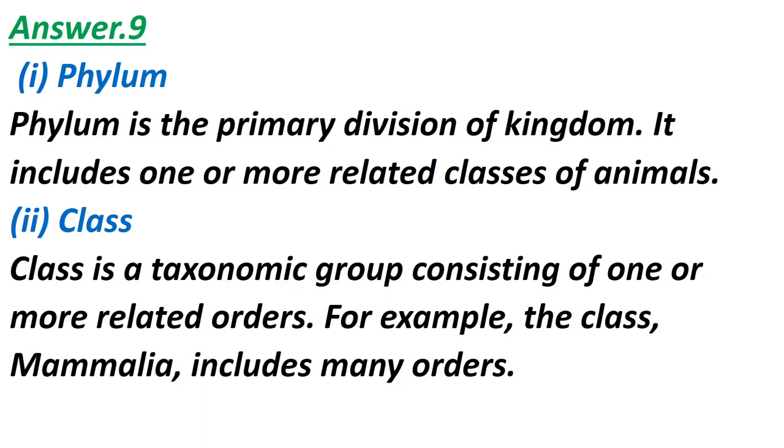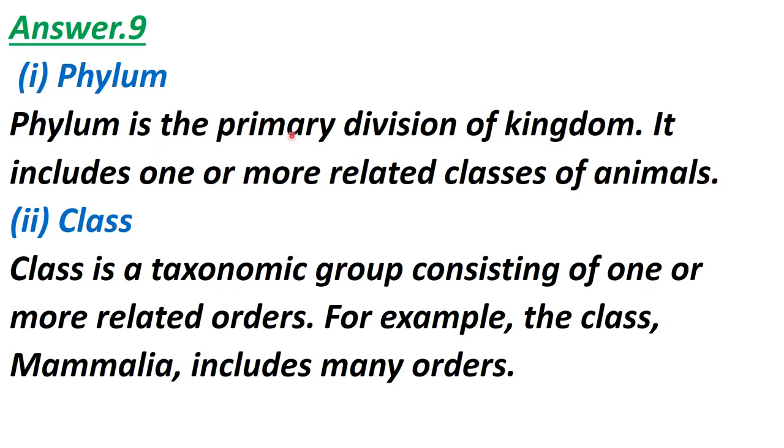Now let's discuss the homework solutions of the previous lecture. I gave question number 9 of NCERT as homework, and the answer for that question is, first there was phylum. What is phylum? Describe it. So phylum is the primary division of kingdom. It includes one or more related classes of animals.